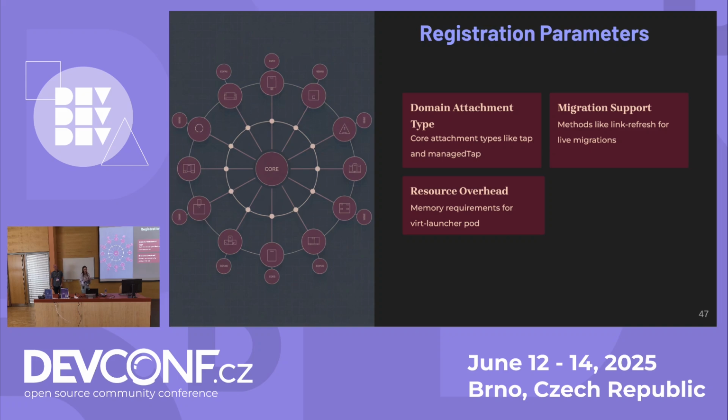Migration support. Also, we can specify whether our plugin supports migration or not. We can specify whether some pre or post-migration operation needs to be done that we want KubeVirt to do before doing the migration. We also have some built-in methods that can be done pre or post migration, like link refresh. And also resource overhead.